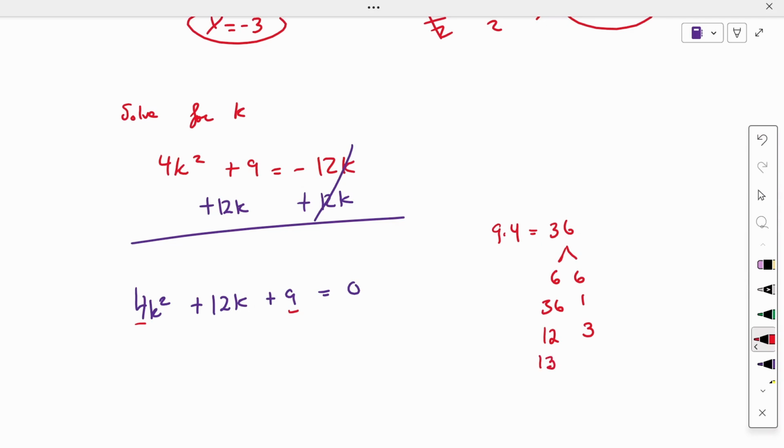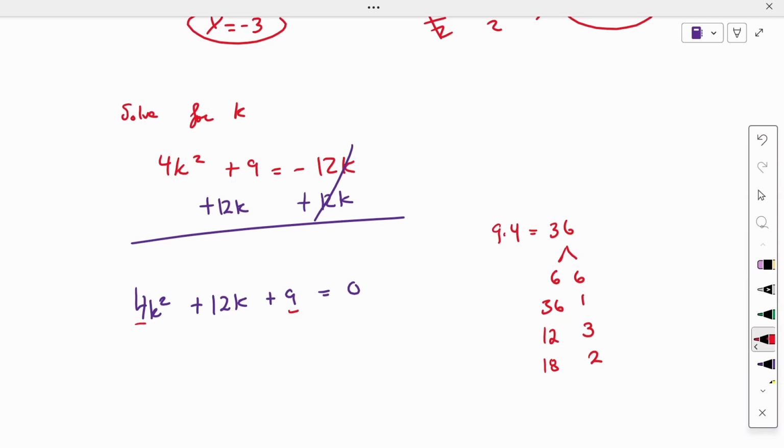15 and 3 gives me 39. Is there anything I can do here? I believe 3 does divide 36, but that would give me 12. So 18 and 2 gives me 36. There we are. Those should be all the factors of 36, if I'm not mistaken.